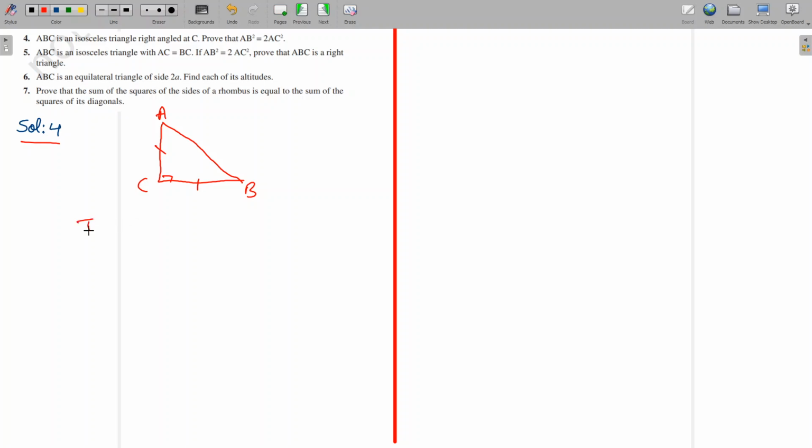In right triangle ACB, we will be getting AB square equal to AC square plus BC square by Pythagoras theorem.